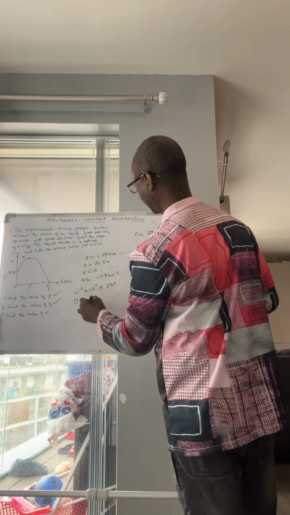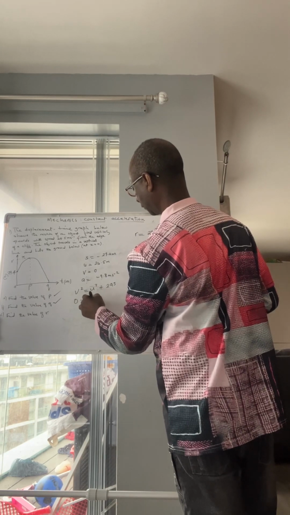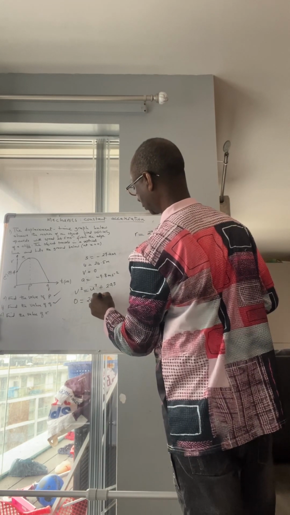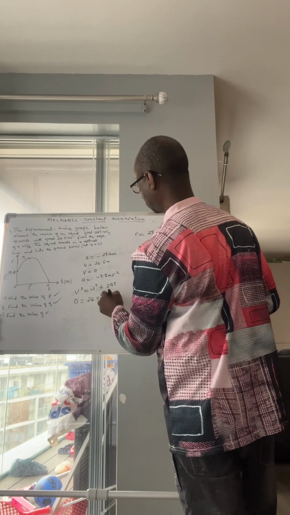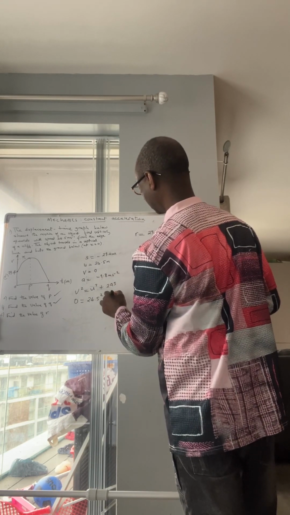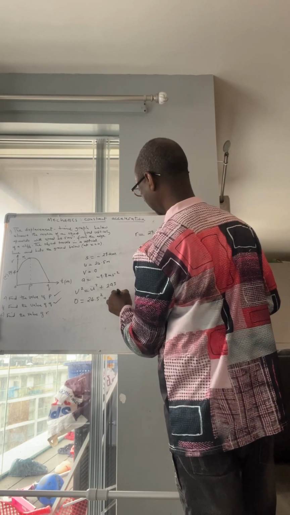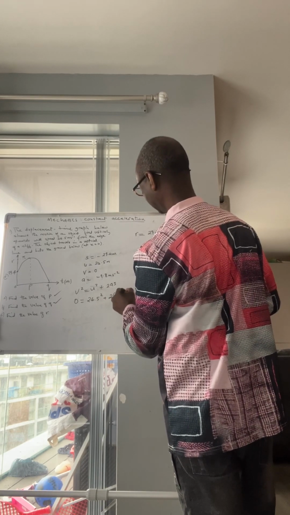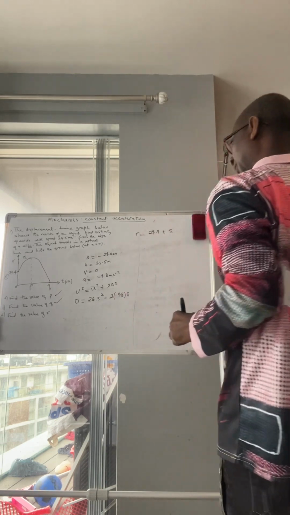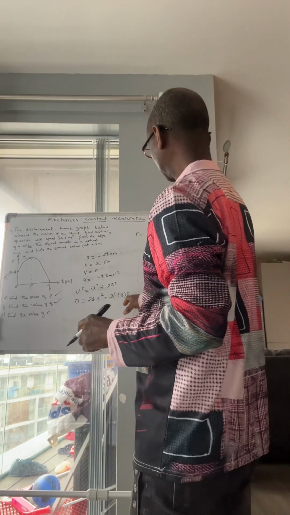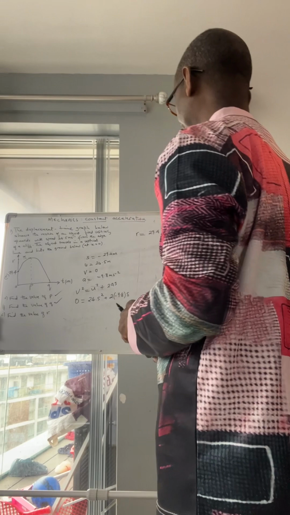U squared, 24.5, plus 2 times acceleration due to gravity, 9.8, S. This is what we are looking for.